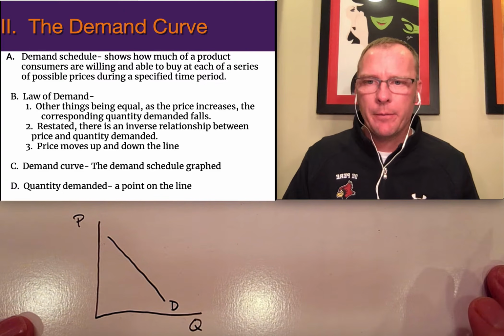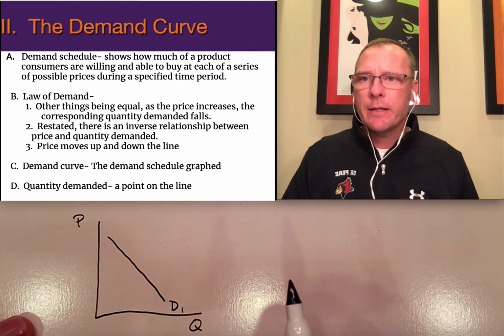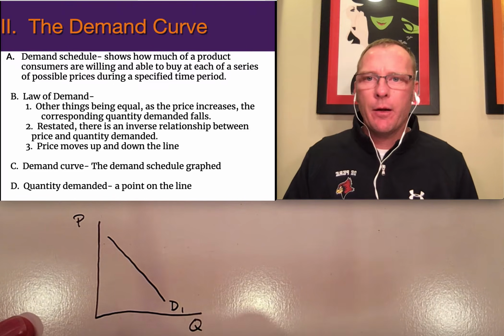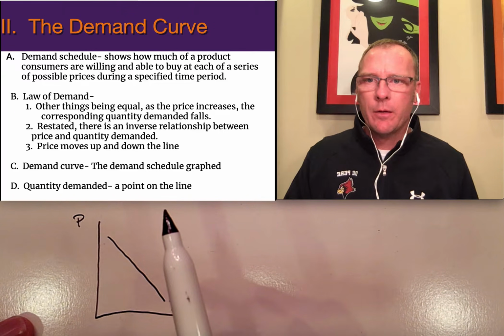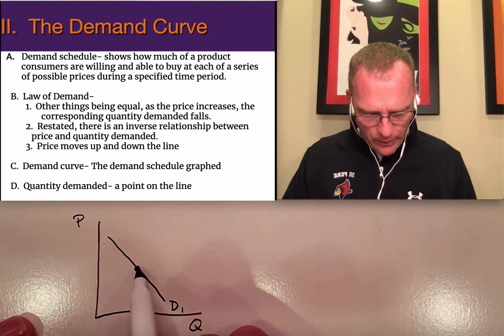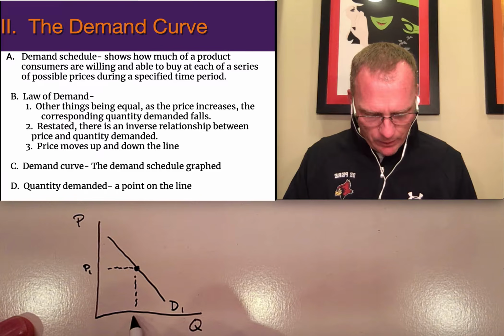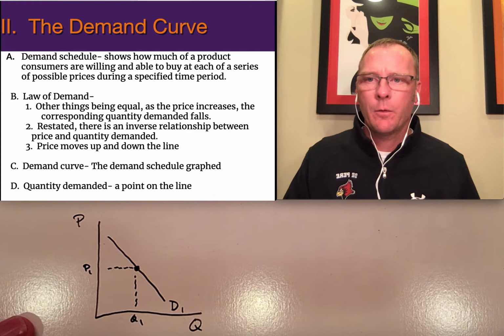We're going to label it just like that, probably like a D1. When I see that quantity demanded, that's just a point on this line. And P1 is going to give me Q1.